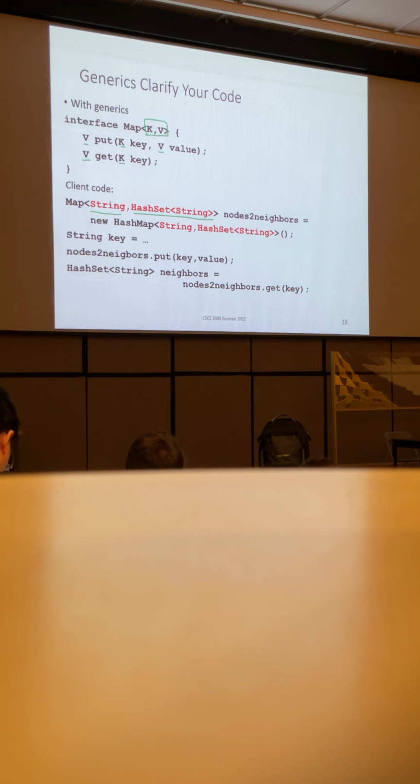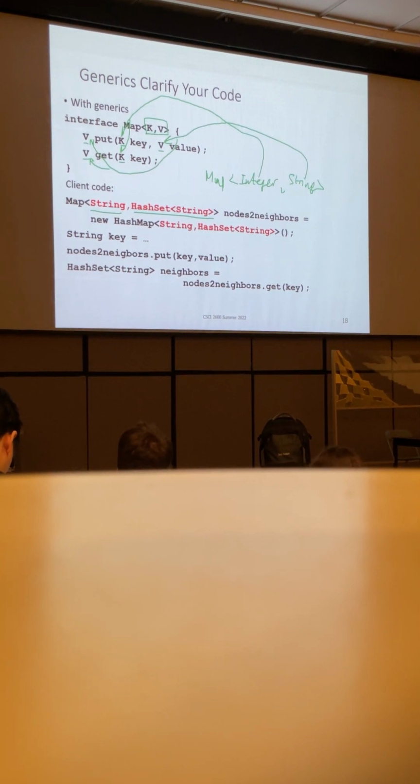So yeah, we could have instantiated Map with, for example, Integer and String. That would be totally valid. Then K would be an Integer, so K here and here would be an Integer, and V would be a String here and here and here. So that would be one valid instantiation.